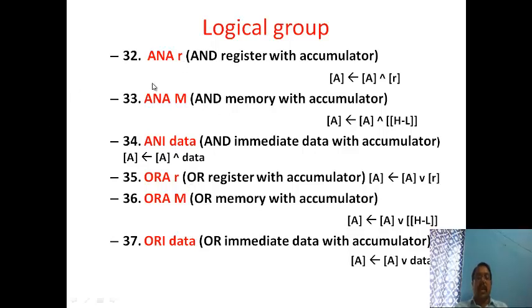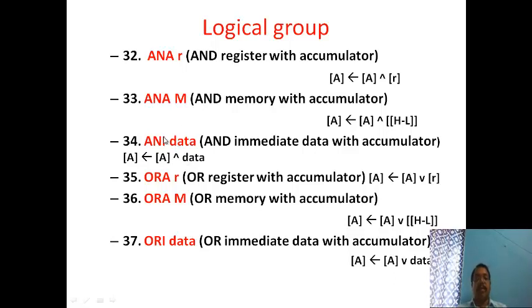So there are 3 logical operations which can be performed in case of 8085. It is AND, OR and XOR. AND is between a register and the accumulator. See, one content should be the accumulator, another content can be any register value. Besides register, you can even do it by indirect, or you can do it by using data.